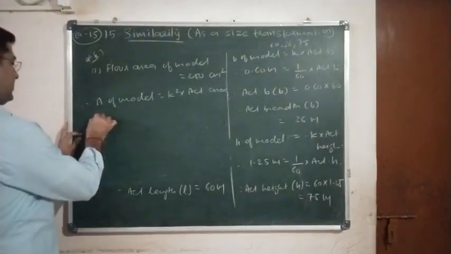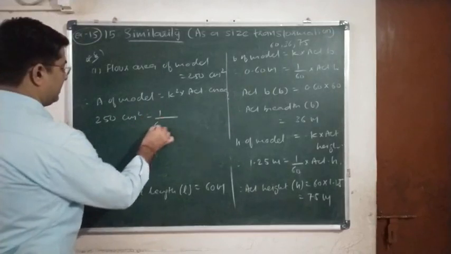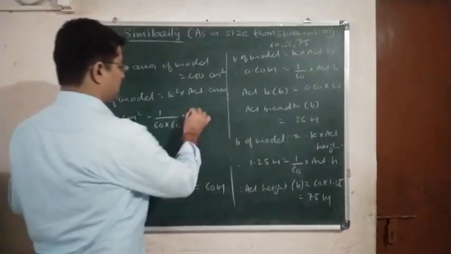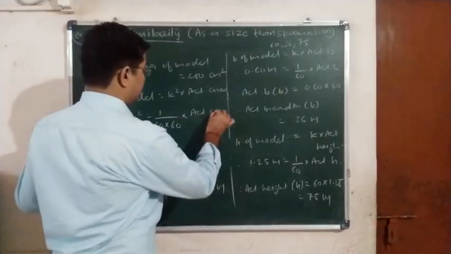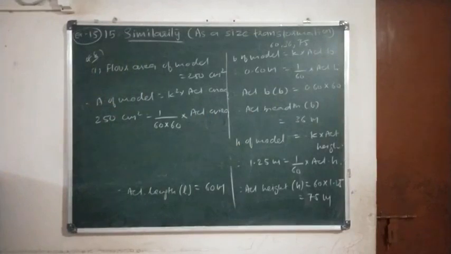So area of model is 250 square centimeters, k is 1 upon 60.